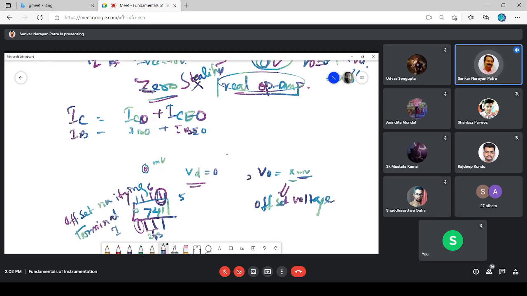We have to connect a resistance across this, or an opposite voltage of small order, to nullify that voltage. Otherwise, you will find there will be output voltage. I mean, about the zero stability, a real op-amp never will give you zero stability.